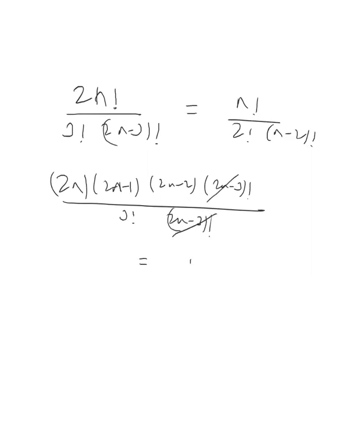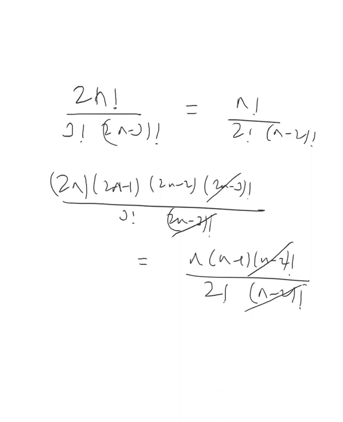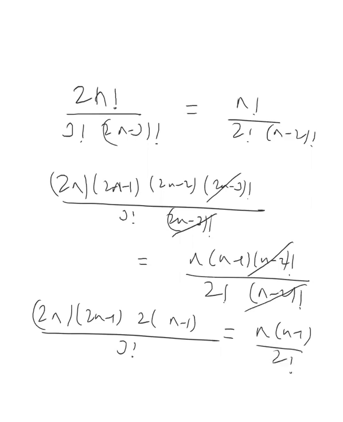Here numerator also, it will cancel with the factorial below. Also if you take 2 common here, then it will become 2 into n minus 1. Right side also n into n minus 1 upon 2 factorial. This n minus 1 also will get cancelled. This n also will get cancelled. And then you can solve at home. So the 10th question you will do like that.